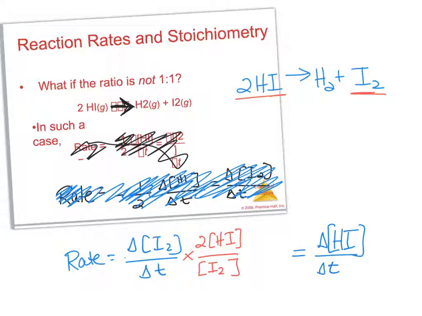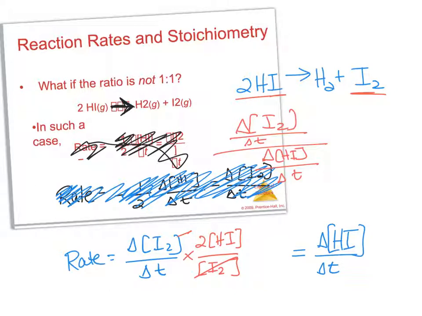So then if we multiply this, our I2s cancel, and we find that if the rate at which your I2 is appearing, the rate at which your HI disappears will be double that. And stoichiometry can help you find the relationship. And if you look back at the reaction, that makes sense, because 2 of these have to disappear to make 1 of these. So this is disappearing at twice the rate that this is appearing.